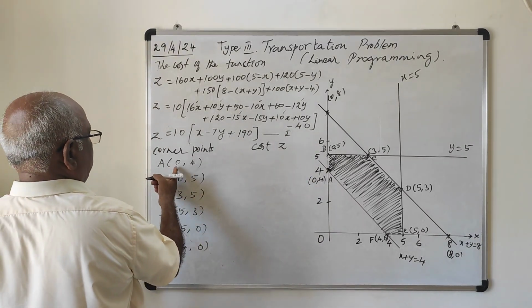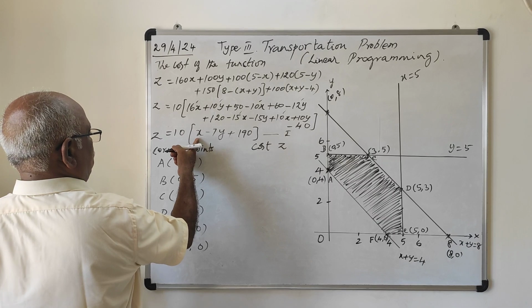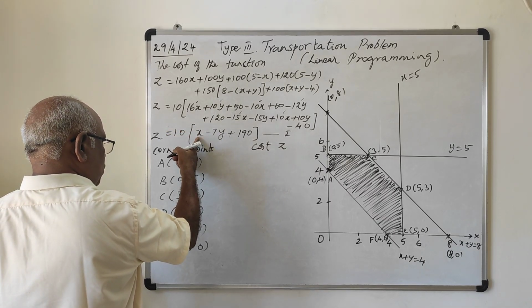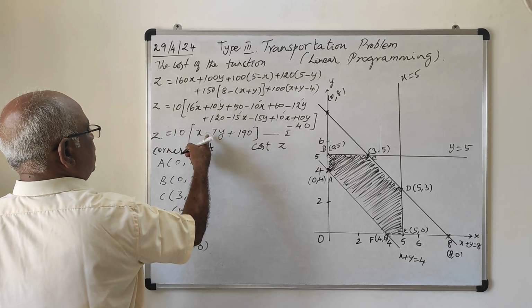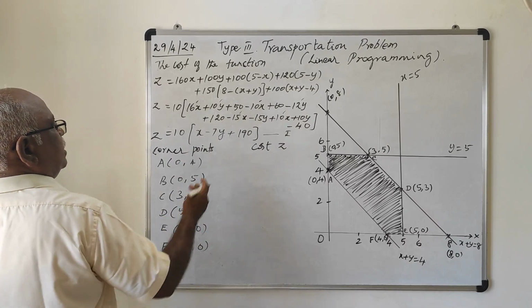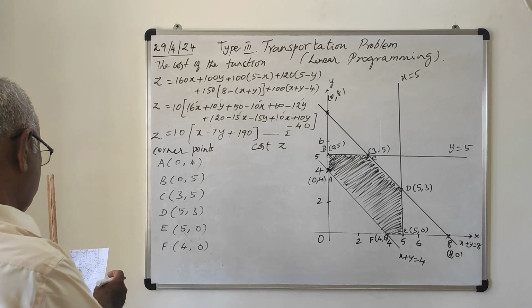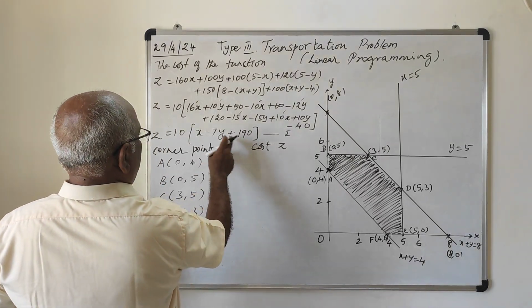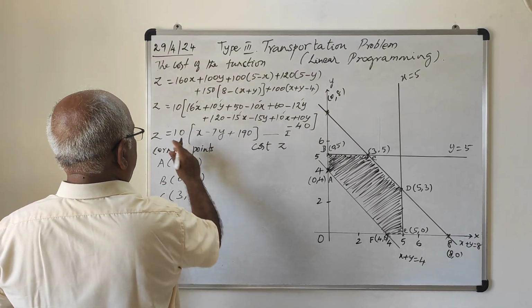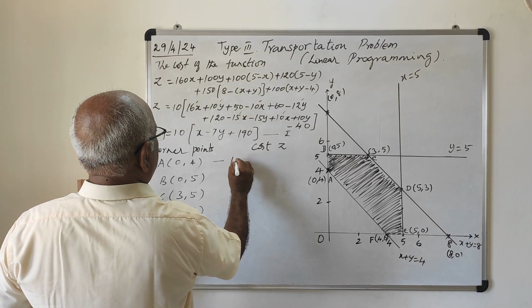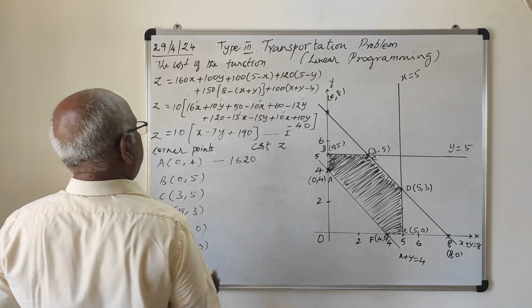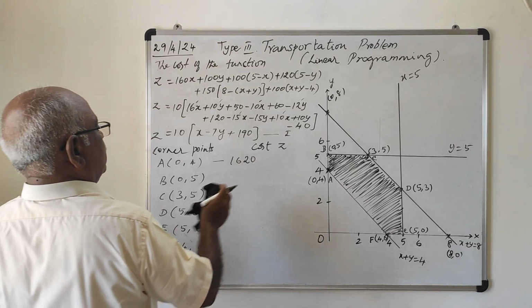First, substitute x equal to 0, y equal to 4. 7 4s are 28. 190 minus 28 is 162, into 10, 1,620 rupees.